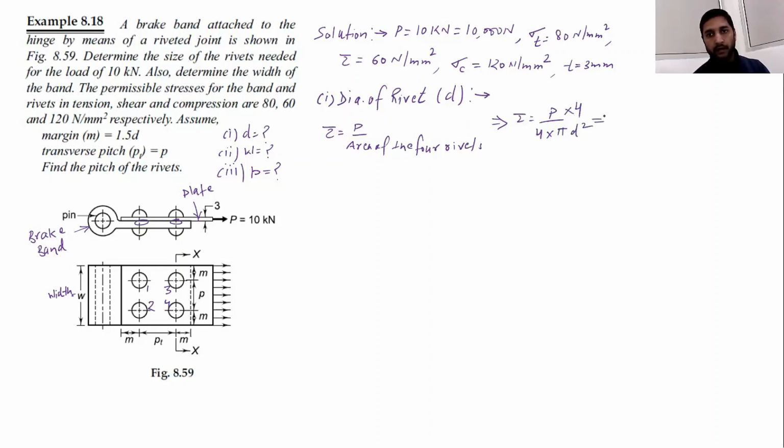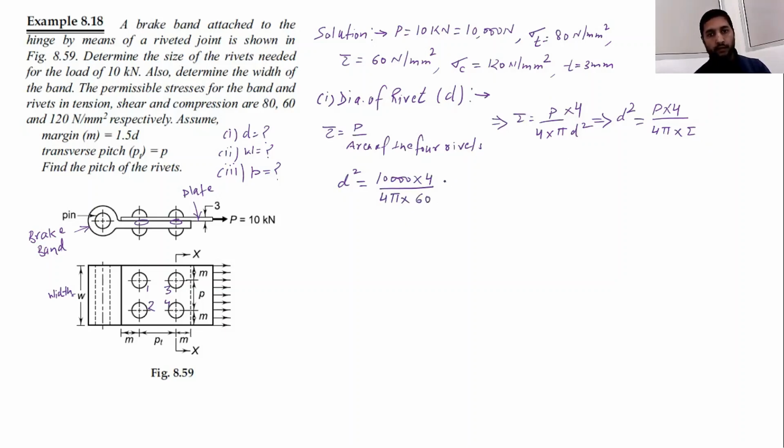And we have to find d from here. From here d square will be equal to P into 4 divided by 4 pi into tau. So we have the given values of all these terms. Capital P, that is the tensile force, is 10 kilonewton. So 10,000 Newton multiplied by 4 divided by 4 pi into permissible shear stress tau, which will be 60.